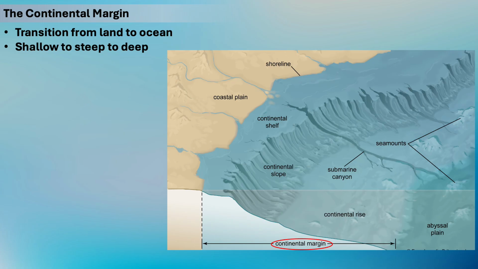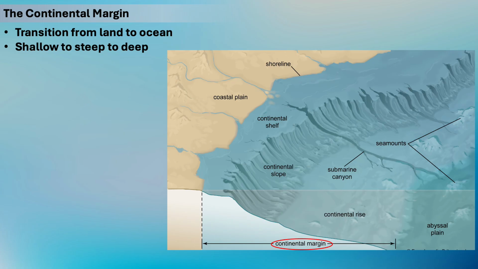Even though these features are underwater, they are typically underlain by continental crust, not oceanic crust. The distinction between continental crust and oceanic crust is not based on whether the crust is underwater, but rather on its composition, thickness, and density. Remember, continental crust is generally thicker, less dense, and composed of different rock types than the oceanic crust, which is often heavier and thinner.